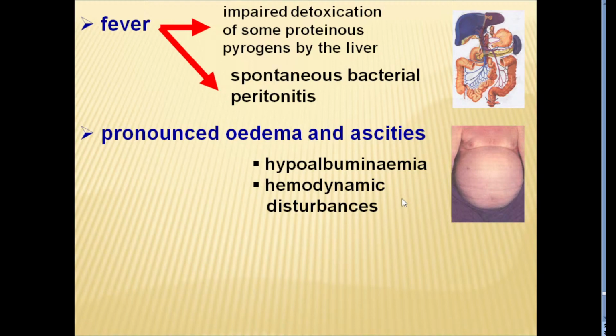And in a patient with progressive liver insufficiency, in the final stage the cardiovascular system is obligatorily involved in the pathological process.